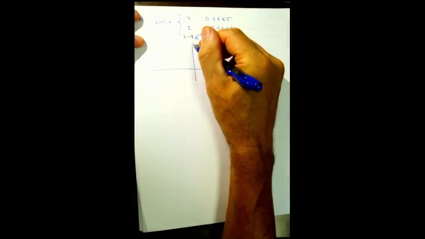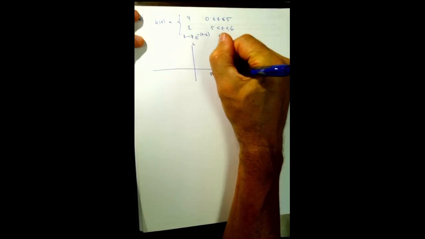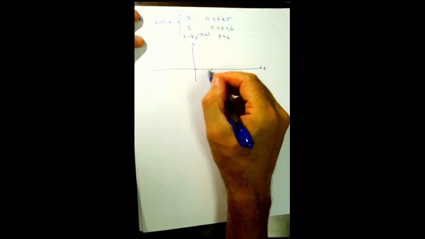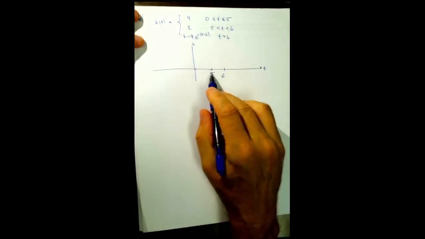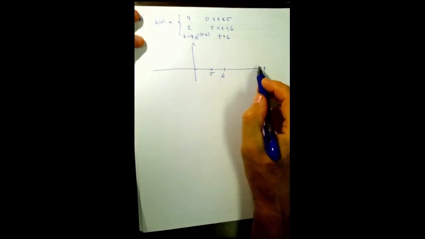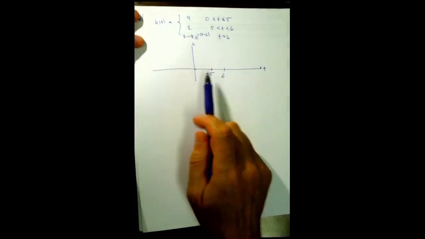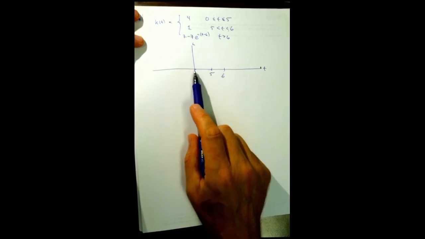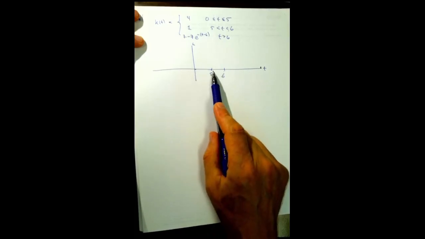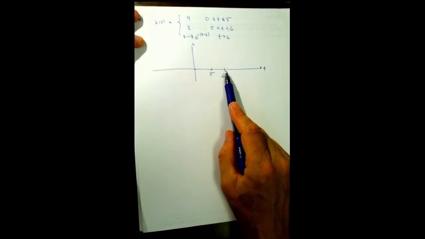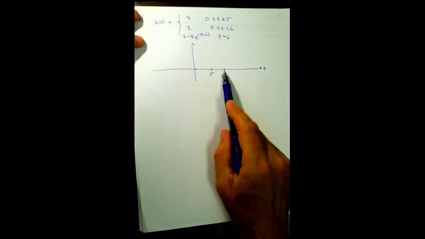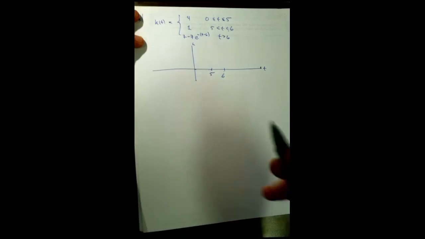So what does this look like? Again, focus on the domain first. As I go from 0 to 5, one thing's going to happen. 5 to 6, something else, and then bigger than 6, something else. So I know I'm going to have step functions that are going to start at 0. Then that has to be turned off at 5, and then a new thing has to be turned on at 5, and then at 6, that new thing has to be turned off, and then something else yet has to be turned on.